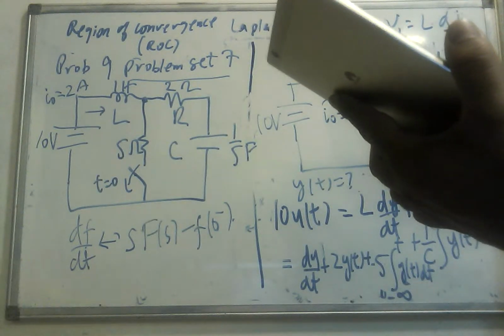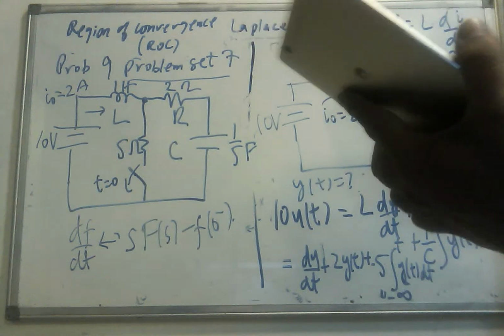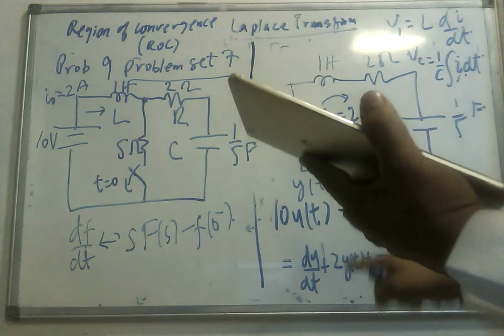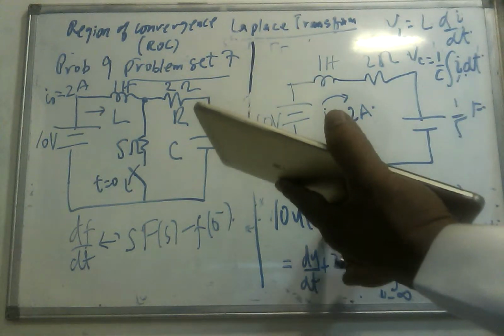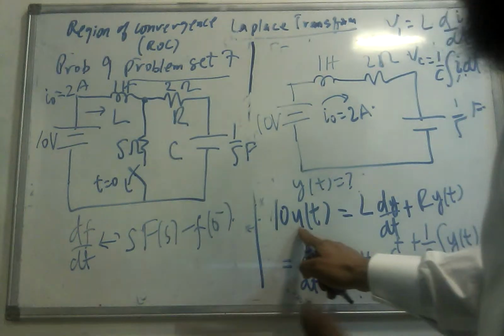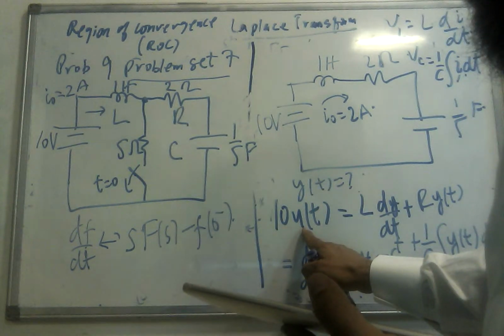So I can now go back to the problem, and I can find the Laplace of both sides. So the Laplace of 10 u of t is just 1 over s.